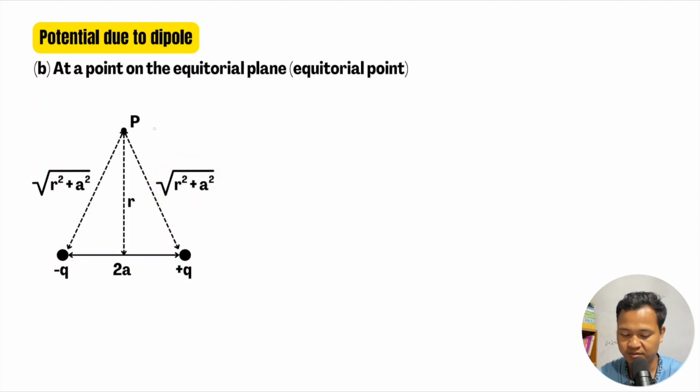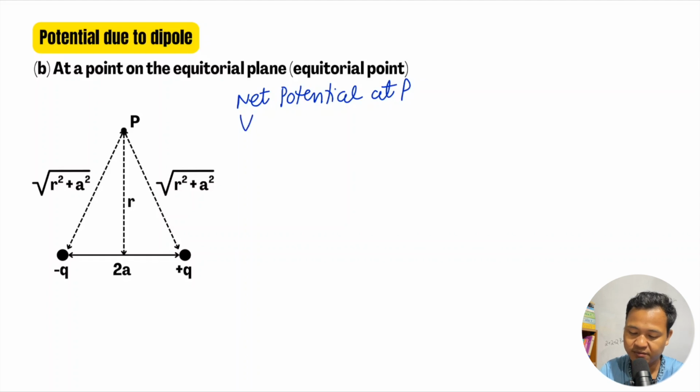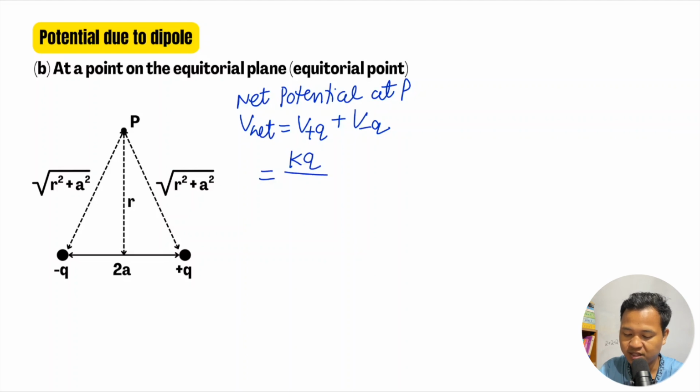So the net potential at P is V due to plus q plus V due to minus q. V due to plus q is kq divided by root over r square plus a square. So plus k into minus q divided by root over r square plus a square.